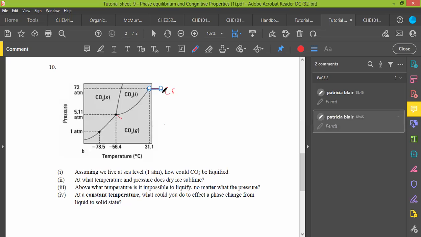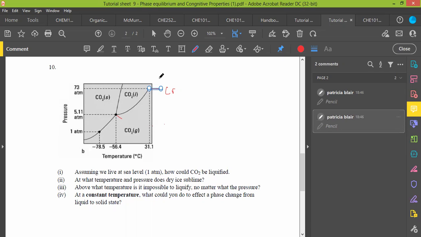Beyond this particular point, you cannot compress carbon dioxide. So at the critical point, your gas becomes uncompressible.